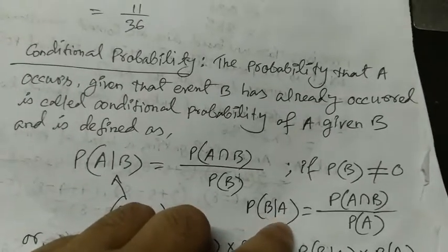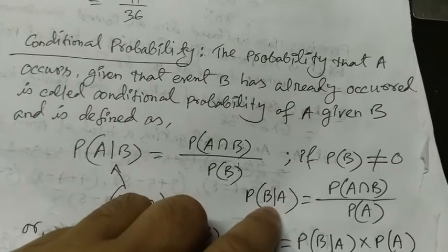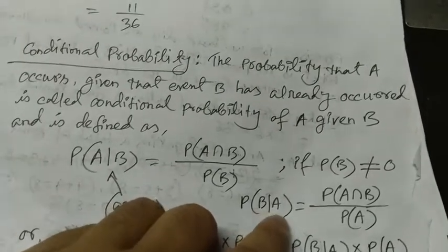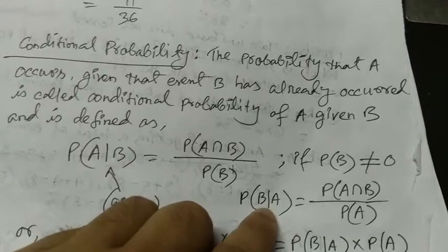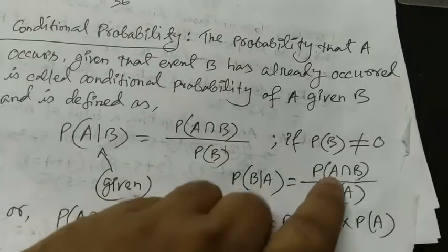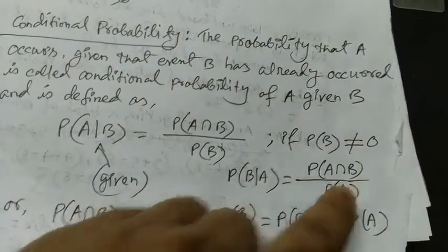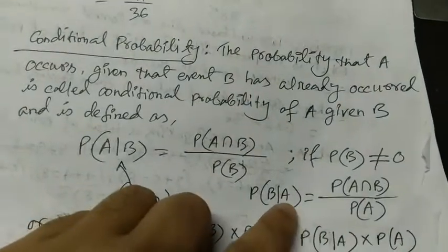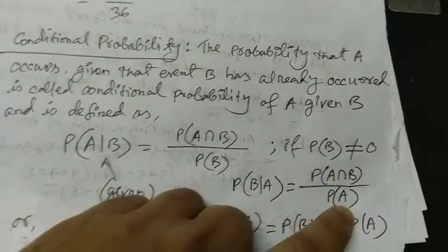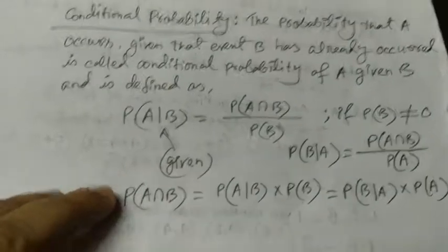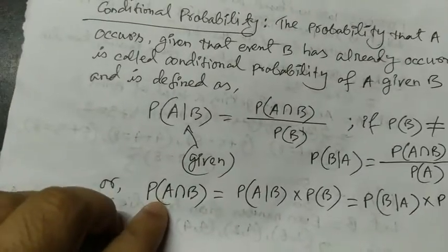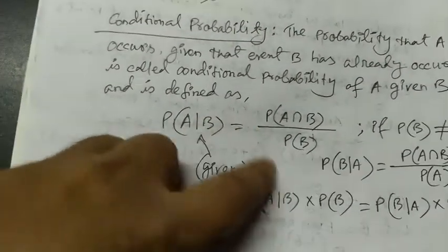So probability of A intersection B will be in the numerator, and the given part will always be in the denominator.